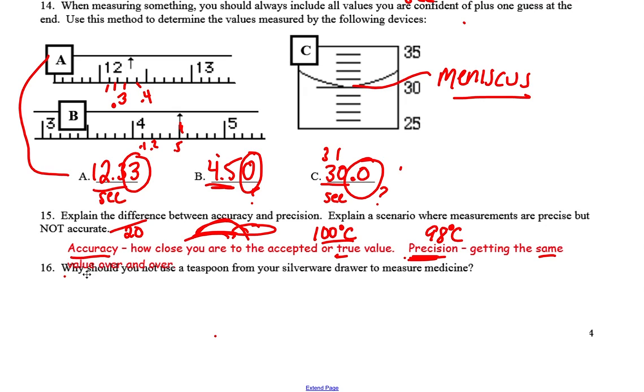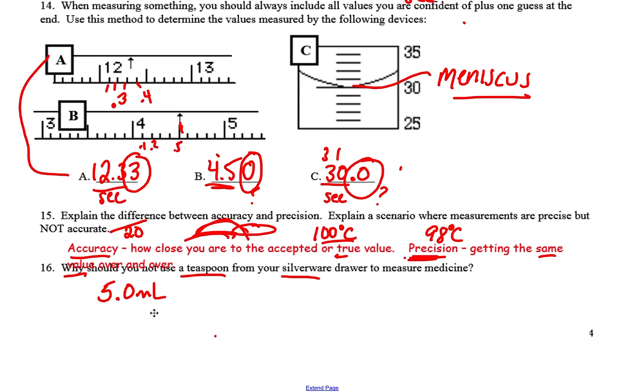Now, we looked at silverware from our drawers, and we decided, is that good to use to test or to administer medicine? Now, if a doctor or medicine says that you need 5, or a teaspoon, it basically means you need 5 milliliters of medicine. So if you take a teaspoon from your silverware drawer, it might not be exactly 5.0 milliliters.